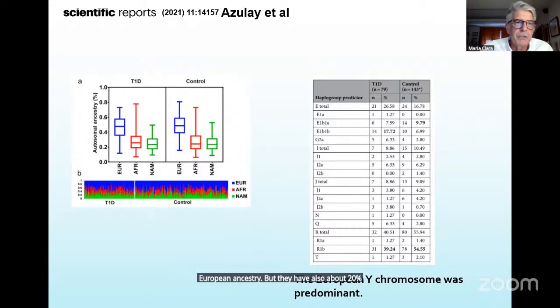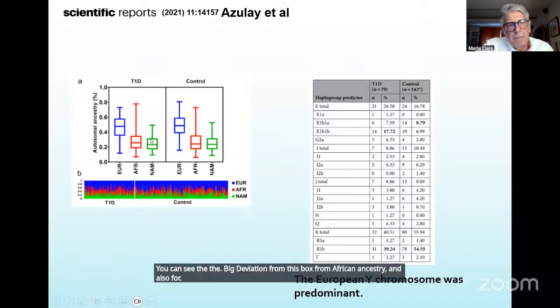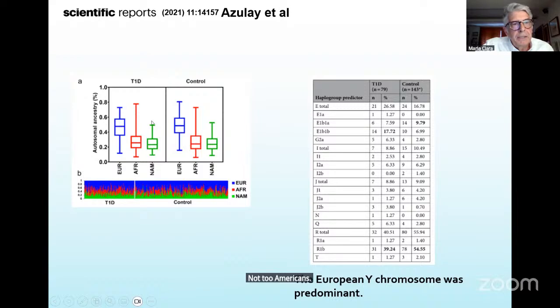There is a variation. You can see the big deviation in this box from African ancestry and also for Native Americans. And that's at the same level as the controls, which are not so different.